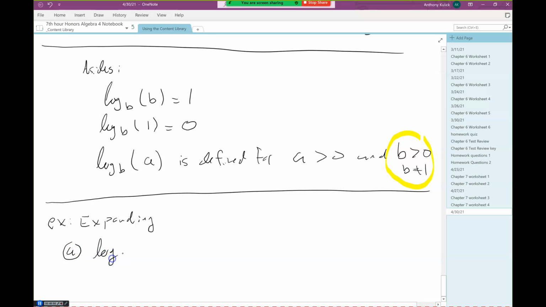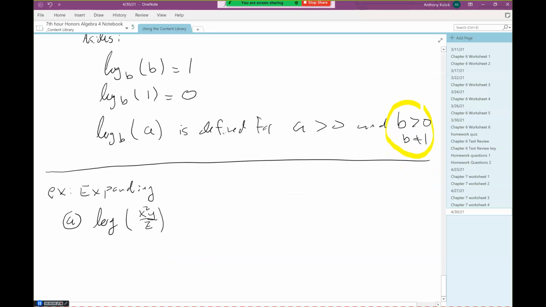That's taking 1 log and writing it as many logs. So let's say we have log of x squared y over z. Everybody's okay with what we have here?